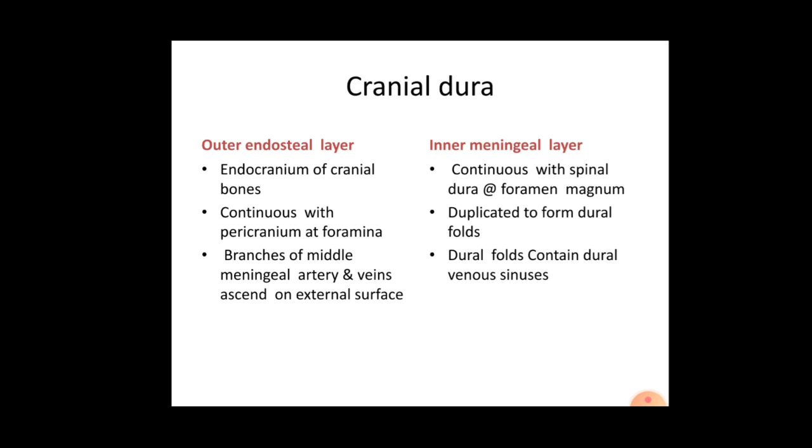This endosteal layer and the meningeal layer are adherent to each other. You can't separate these two layers apart, except in the places where you have dural folds and dural venous sinuses.